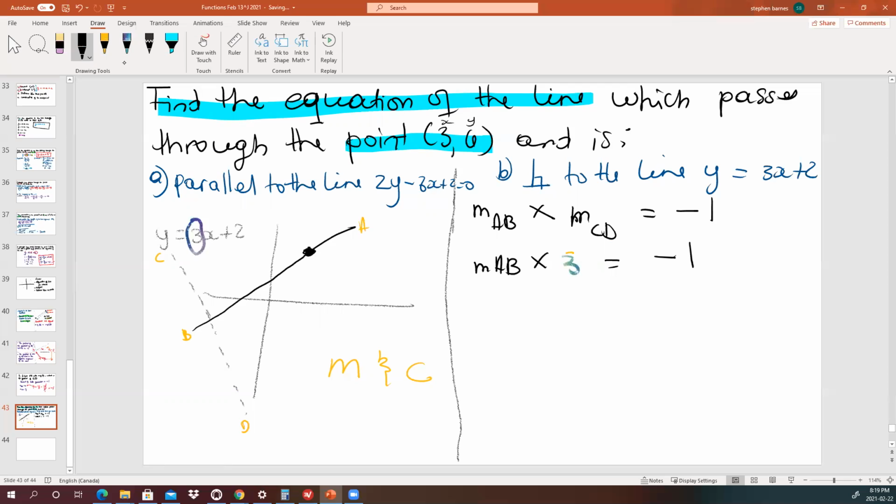Now all we need to do is work this out, because this is an equation. If this is being multiplied by 3, to get rid of it we need to divide by 3 on both sides. This 3 cancels that 3, and the gradient of AB is found to be -1/3. Understand that? That's one way you can use that first expression of the relationship to get that.